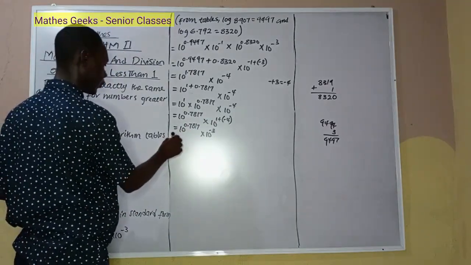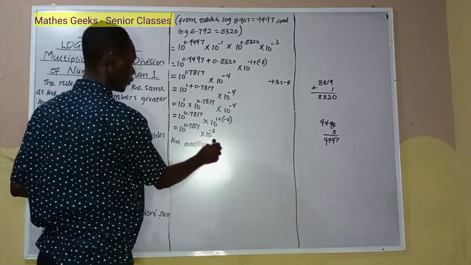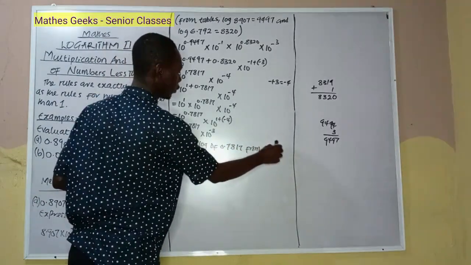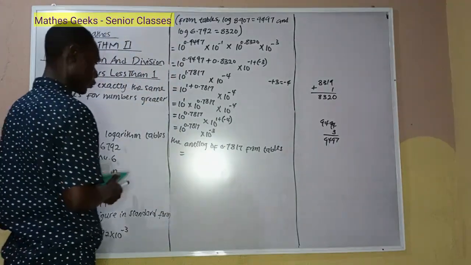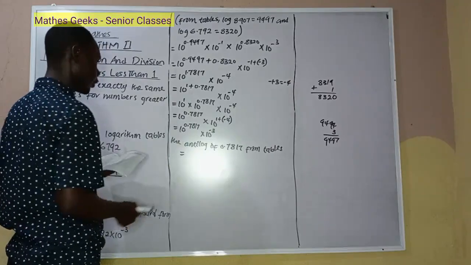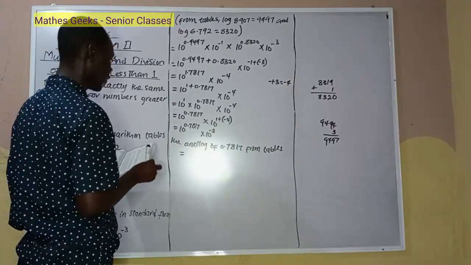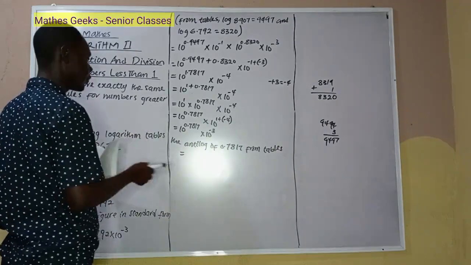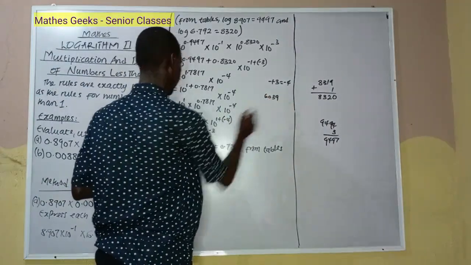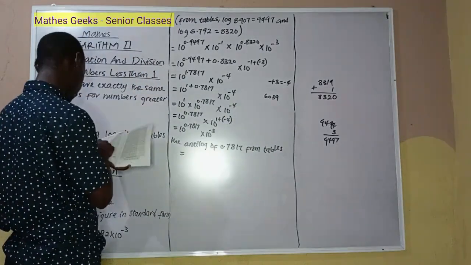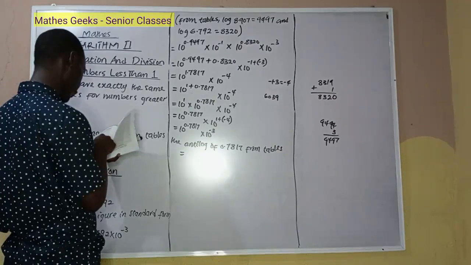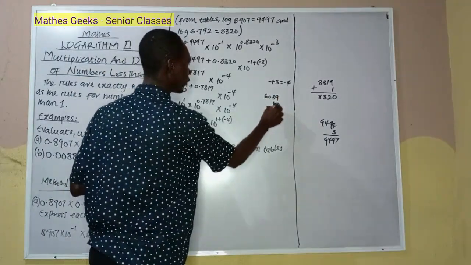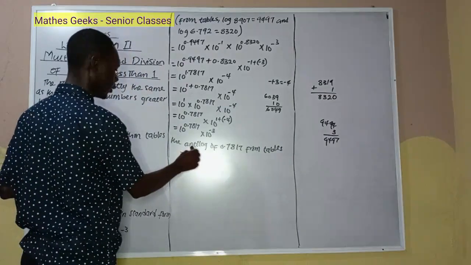So the antilog of 0.7817 from tables is equal to: 78 under 1, 6039, difference 7, which is 10, so 6049.